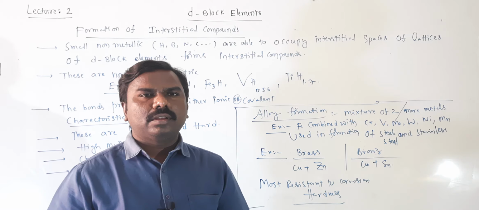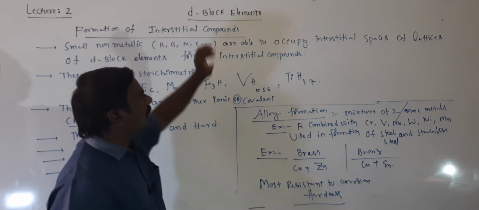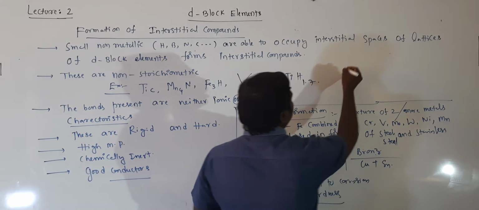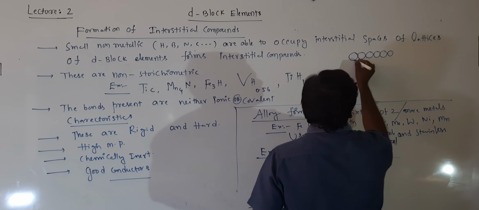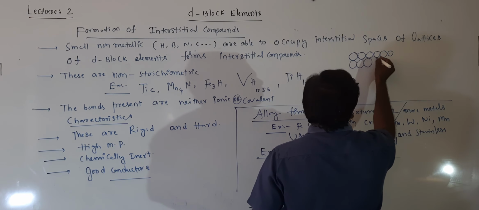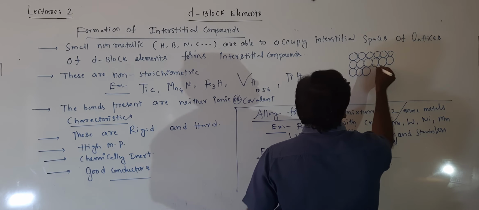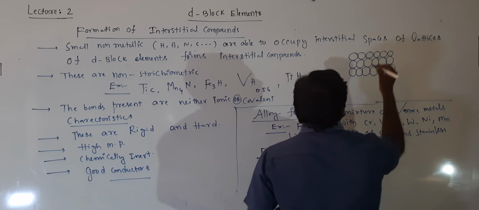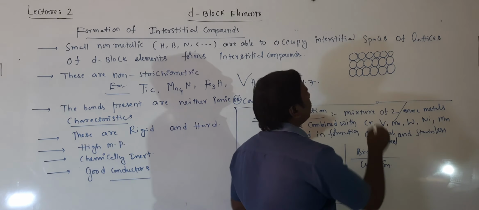Okay, the next property is formation of interstitial compounds. Interstitial compound means these are the atoms in close packing in a particular metal in a great order. That's called a solid. In between these metal ions or atoms there is a gap.